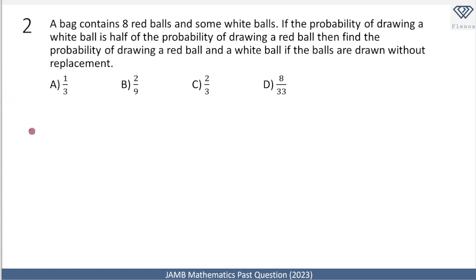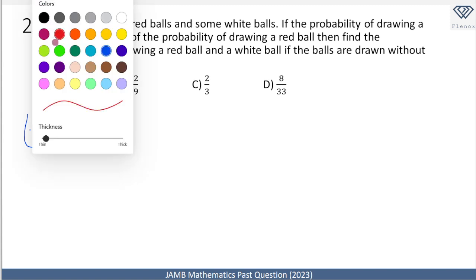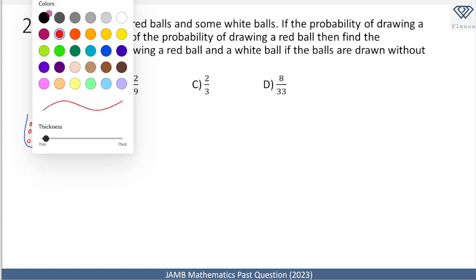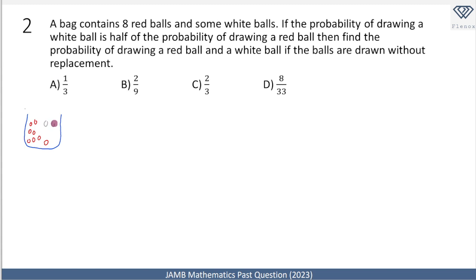So just to make it a little bit more concrete, I'm going to draw the bag, and now we've been told that we have 8 red balls, 1, 2, 3, 4, 5, 6, 7, 8, and we have some white balls. We do not know how many they are, but we know that we have some of them.